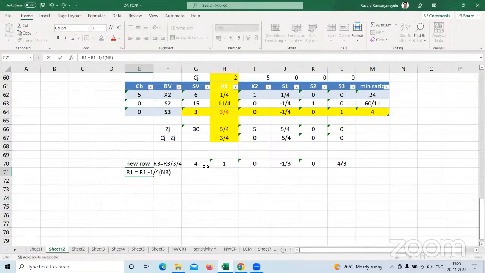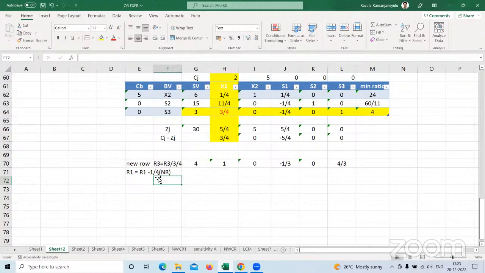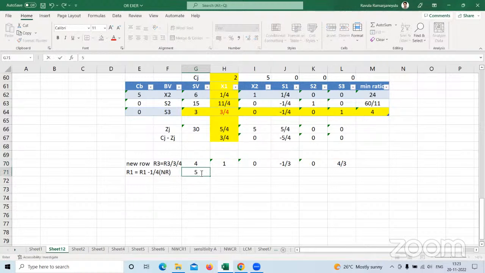So the new row values are these values, right? So if you take old value, first row is 6, 6 minus 1 by 4 into 4. So 1 by 4 into 4 is nothing but 1 only. So 6 minus 1 is nothing but 5.